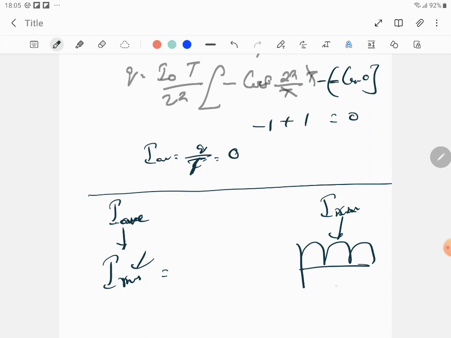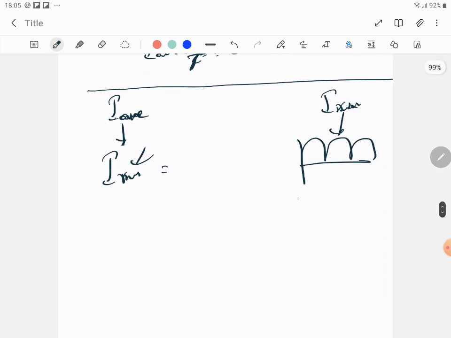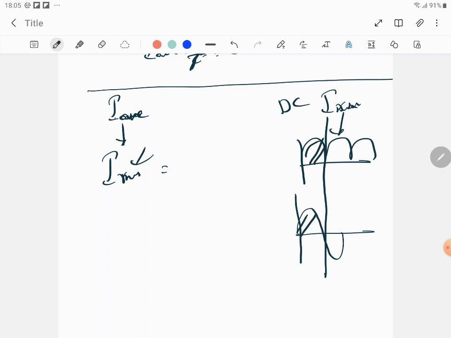A DC current is like this. Even if it is fluctuating, it will not go to the negative side. This is one DC only. When you compare a DC with an AC, you see for half the cycle both of them are the same. Only this part is different in an AC.